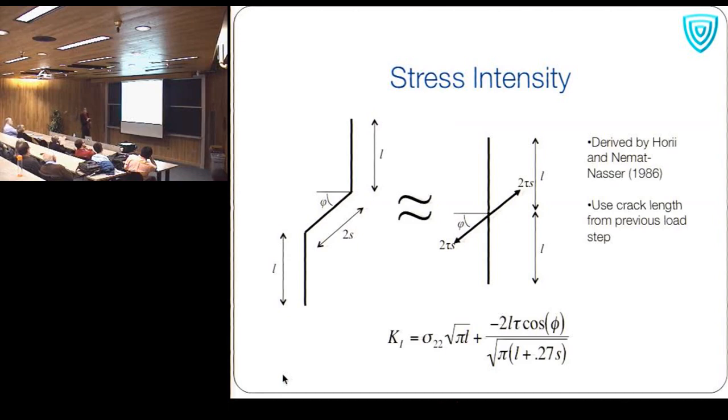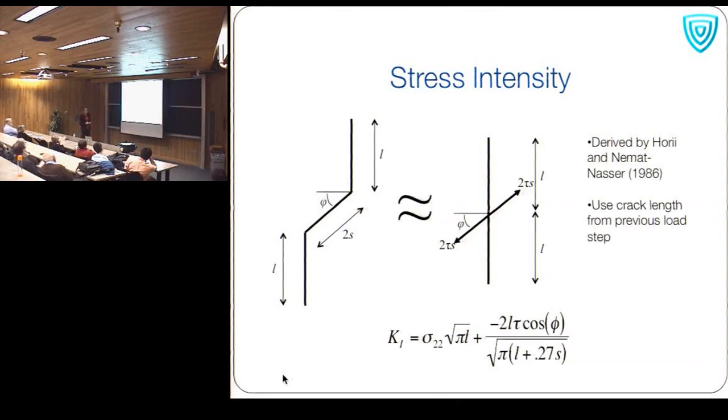As long as this crack length is longer than maybe ballpark 30% of the flaw size, then that mode 2 stress intensity is not terribly important. So we're not throwing away an awful lot there.